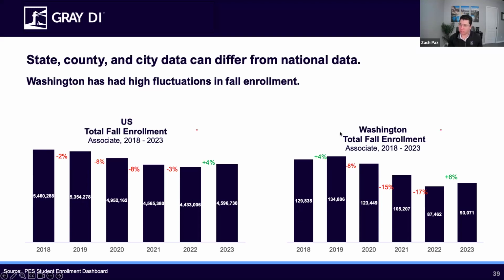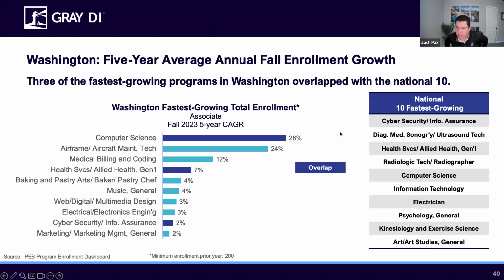And as far as the fastest growing enrollment at the associates level: computer science, health services, allied health, and cybersecurity, although cybersecurity is a much smaller growth rate, only 2%, whereas it was much higher for the other national and state. Those are the 3 that overlapped.